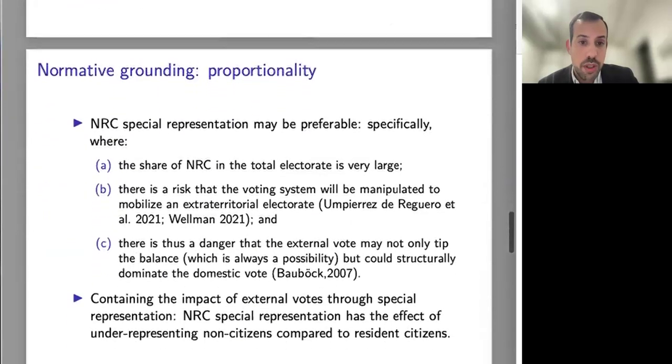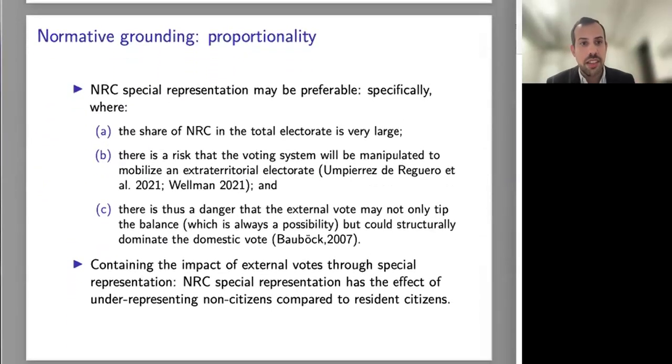In terms of proportionality, we list a set of scenarios where non-resident citizen special representation might be the preferred option.